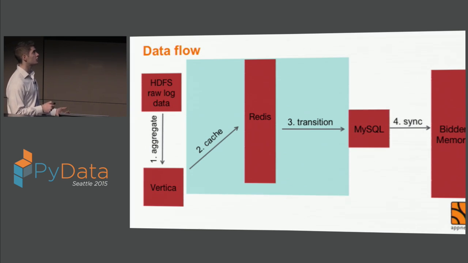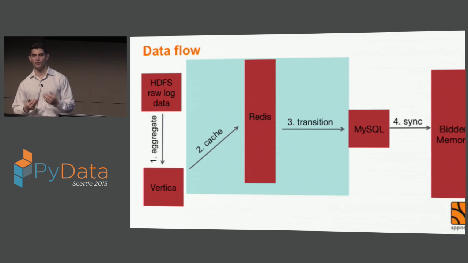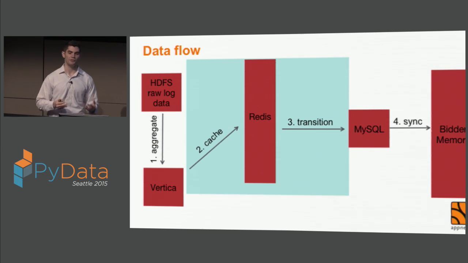The two main components that make up the stack are the caching of data from our Vertica cluster into Redis. We'll go into the specifics later, but this is a very important process for us because there are many processes that are using the data that we've aggregated in different and interesting ways, and it's very inefficient to be hitting our Vertica cluster every single time.